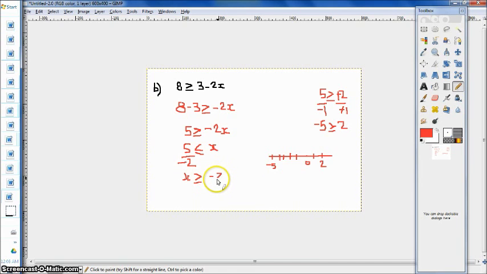So this is going to be written something like this: x is greater than or equal to negative 2.5 in decimals.